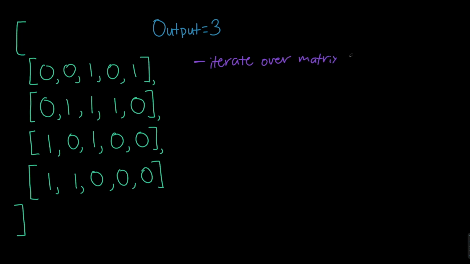We can say iterate over matrix and count the number of 1s. So I'll just say num of 1s. But we want to do this key step, which is that after we find a 1, so I'll just say find a 1 arrow, which means something we do after we find a 1. We want to convert the whole island to zeros using a BFS.